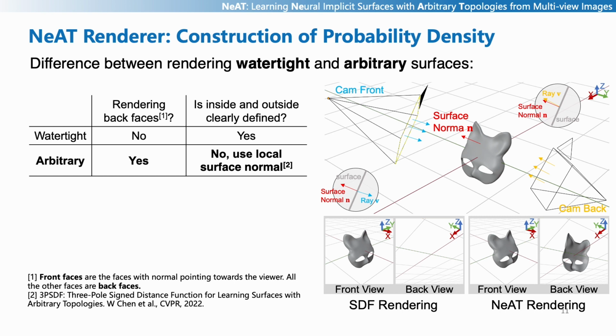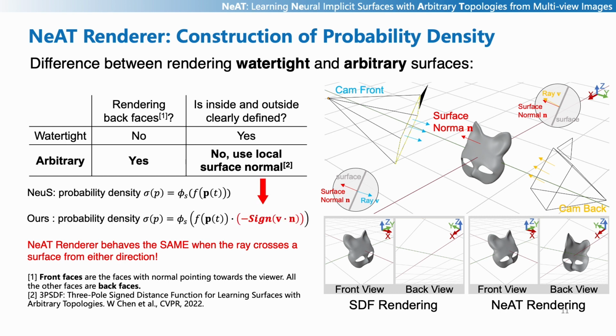The second difference is the definition of inside and outside, which do not exist for non-watertight surfaces. We leverage the local surface normal to determine the sign of the distance. We expect that the rendering behaves the same when the ray crosses a surface from either direction.